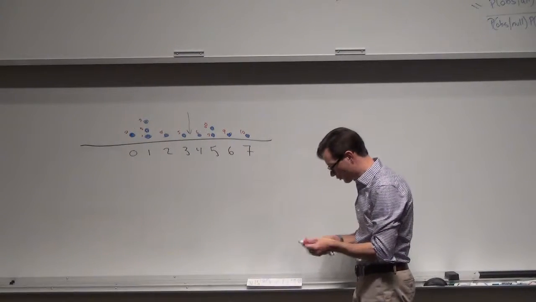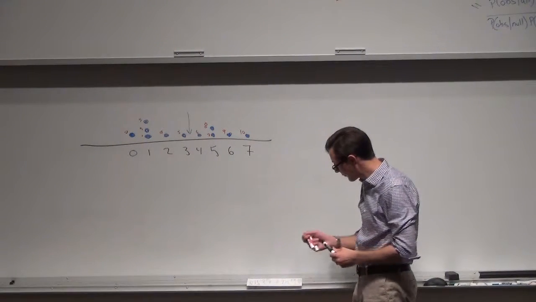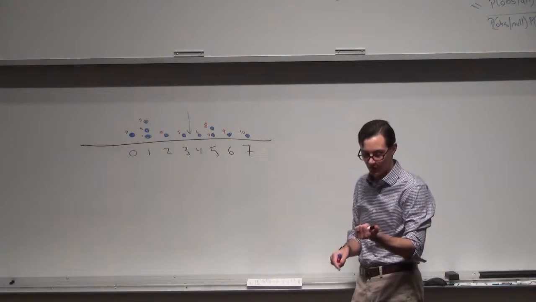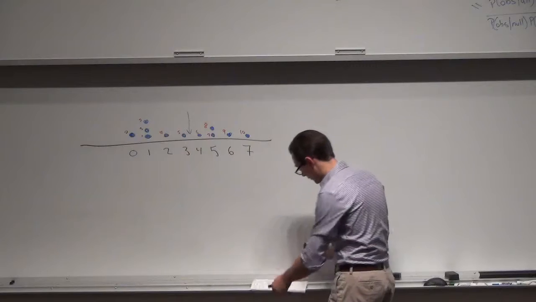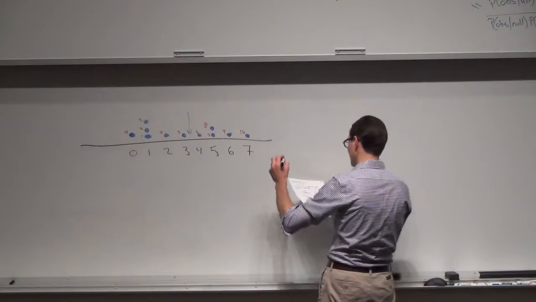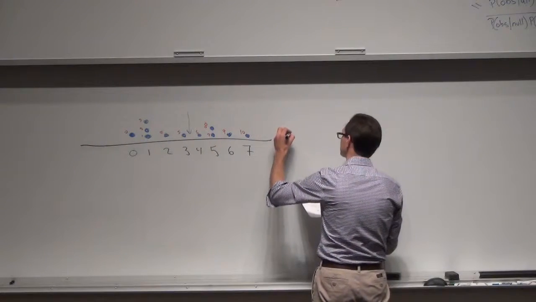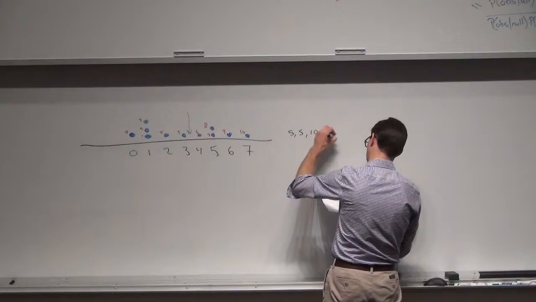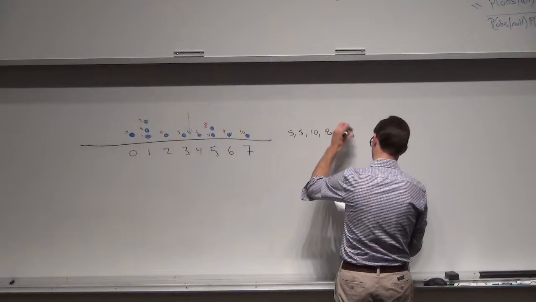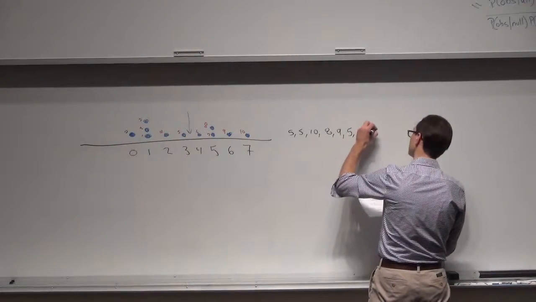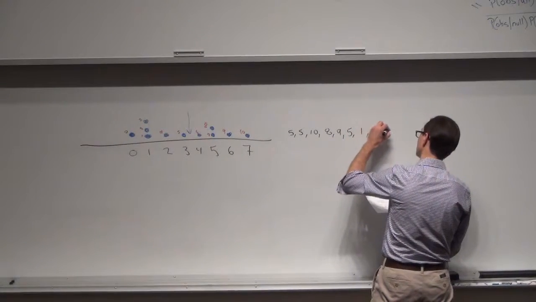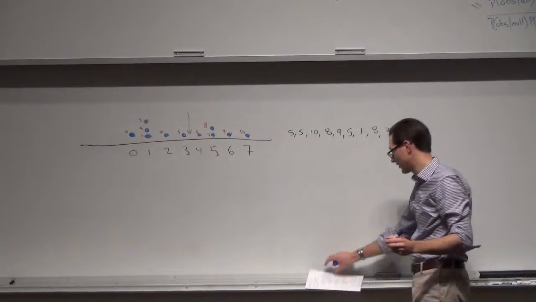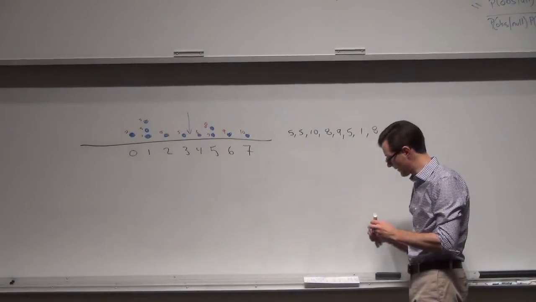All right, so I'm going to draw 11 random numbers in the range of 0 to 10. And so when I did that, these are 11 random numbers that I got from the Python random function.